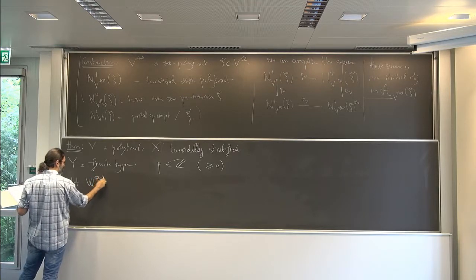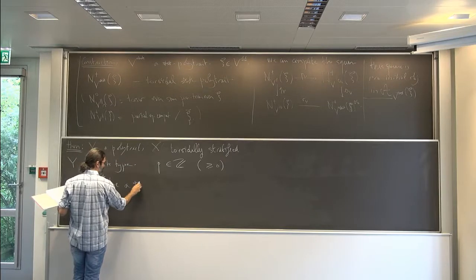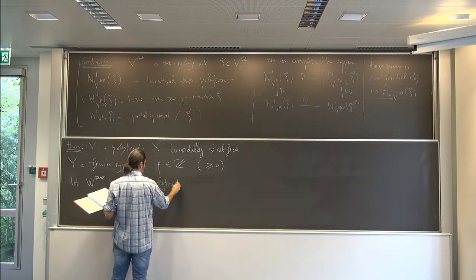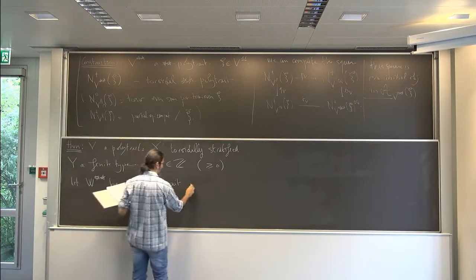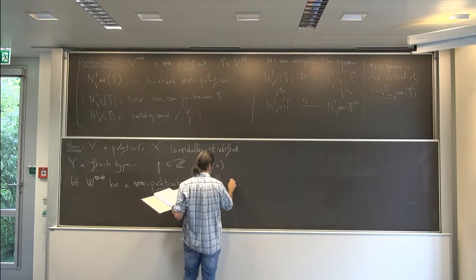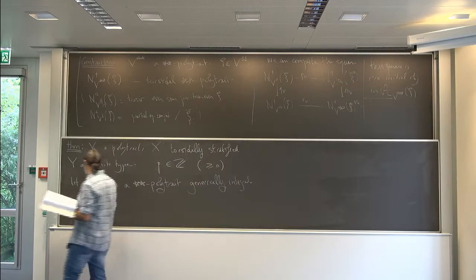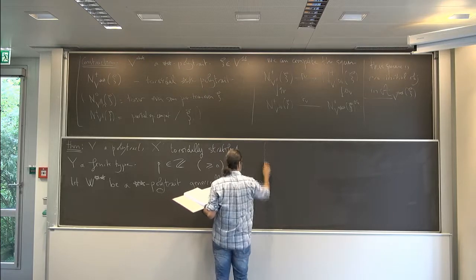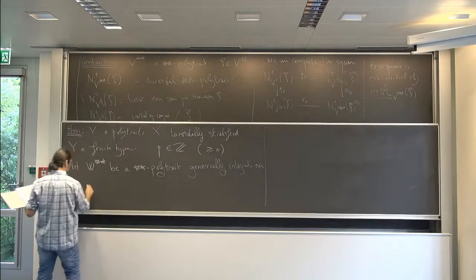Now let omega star star be a polytray which is generically integral over the following star star scheme.